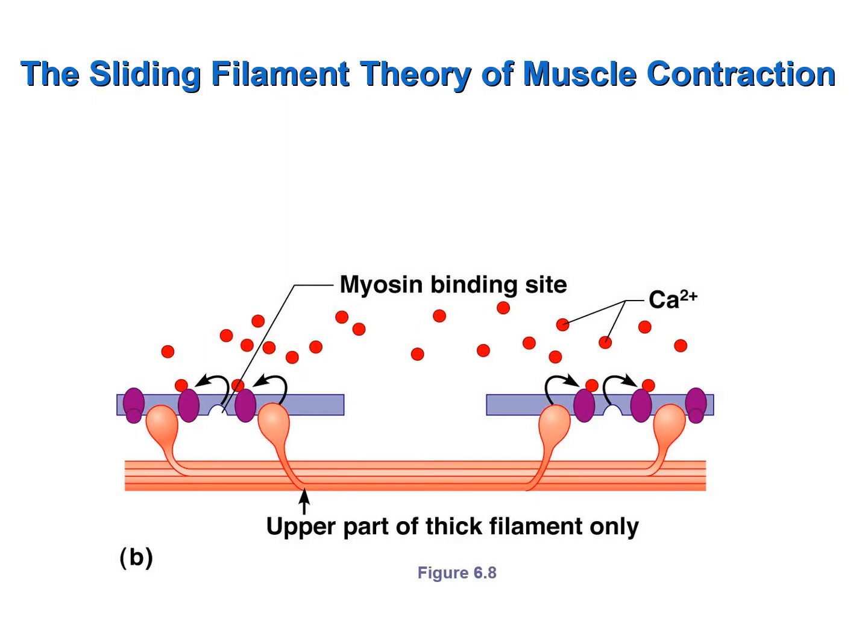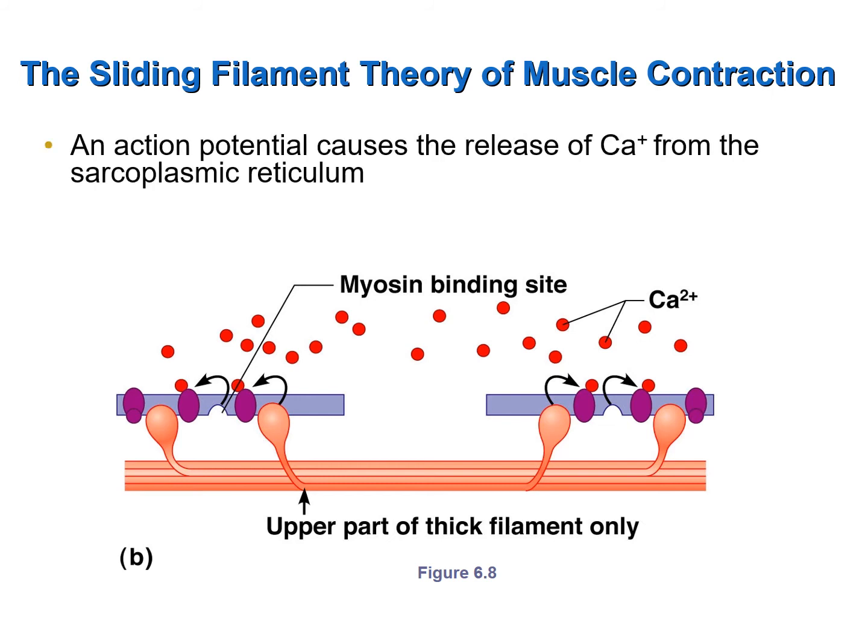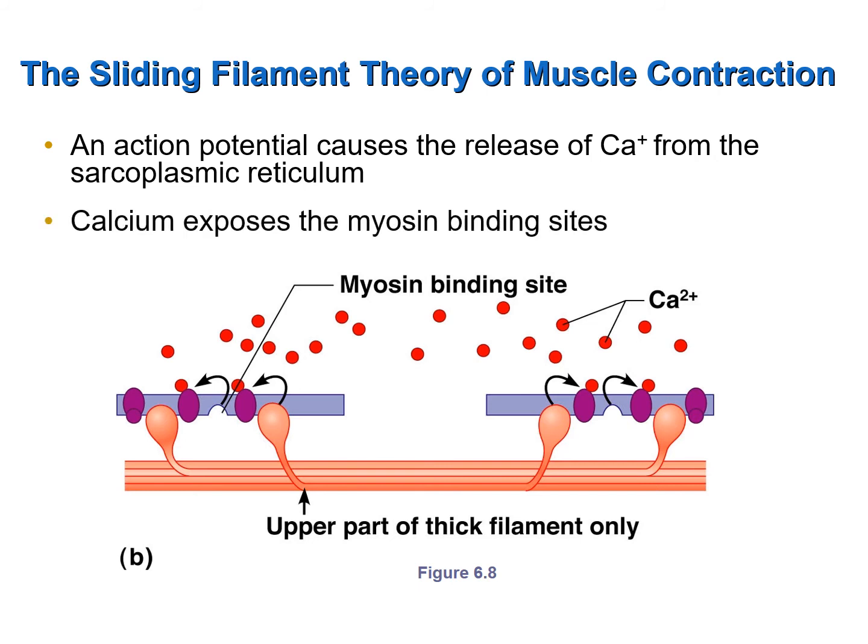So when an action potential causes calcium to be released from the sarcoplasmic reticulum, that calcium binds to these protein complexes, moving them out of the way, opening up the myosin binding sites. The myosin heads are then able to access the binding sites on the thin filaments.